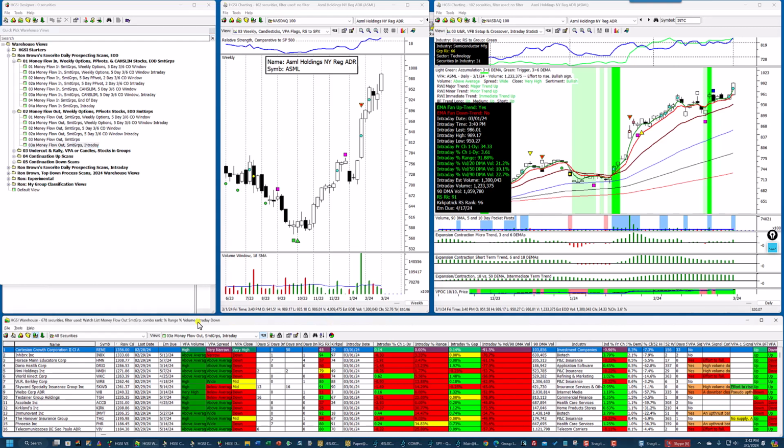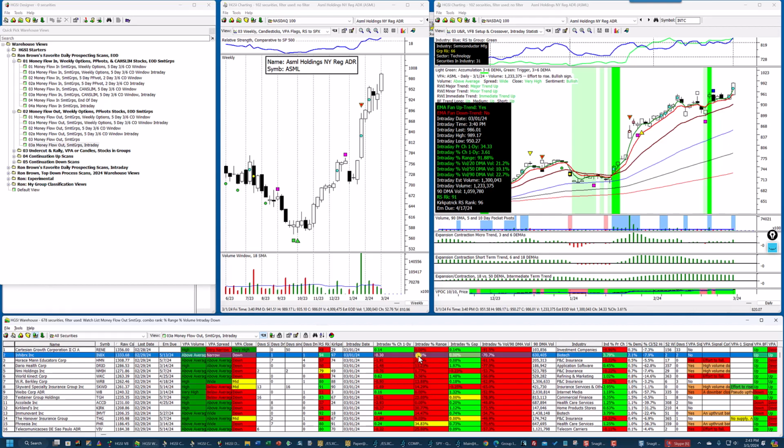Now this is sorted on range and volume down. You can see this one's trading at the bottom of its range, and the range and the price, not the volume. 14 cents. It's trading flat. This one's trading at 3.33% of its daily range, down 30 cents. So these were following through to the downside.